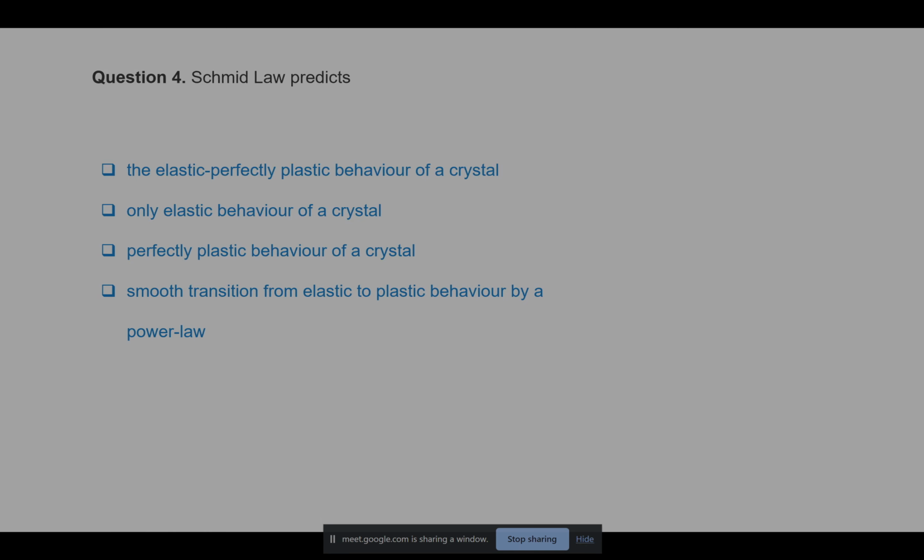So option C will be correct: perfectly plastic behavior of a crystal is predicted by Schmid's law.